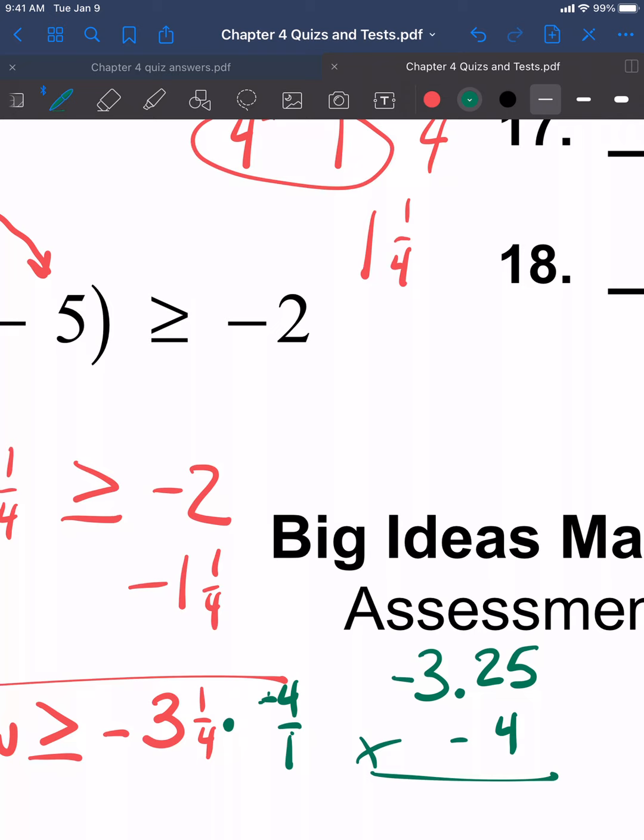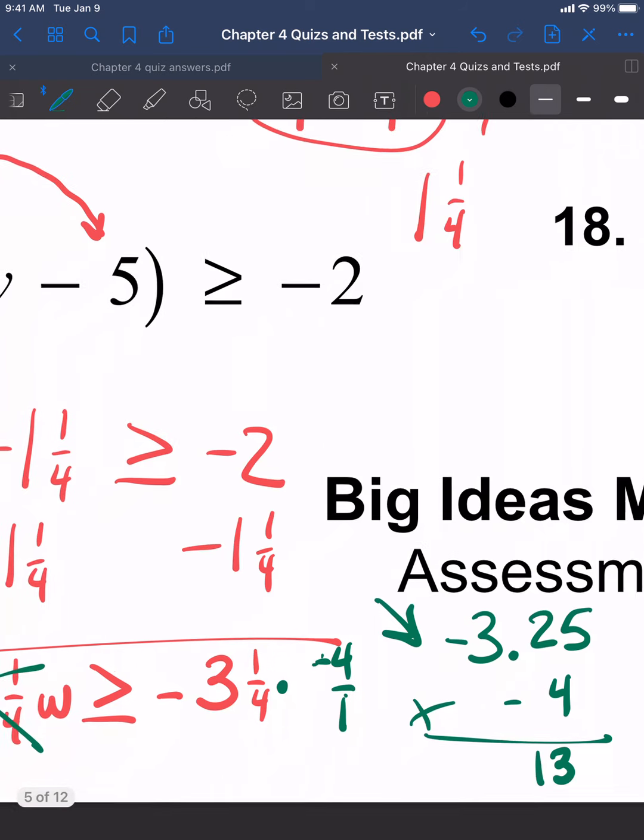I think it is. Can you guys multiply this real quick for me? Negative 3.25 times negative 4. Do you get 13? I have the same thing. 3.25 times 4. Now, my question is, is it going to be positive 13 or negative 13? Negative times a negative is a positive. Very good.